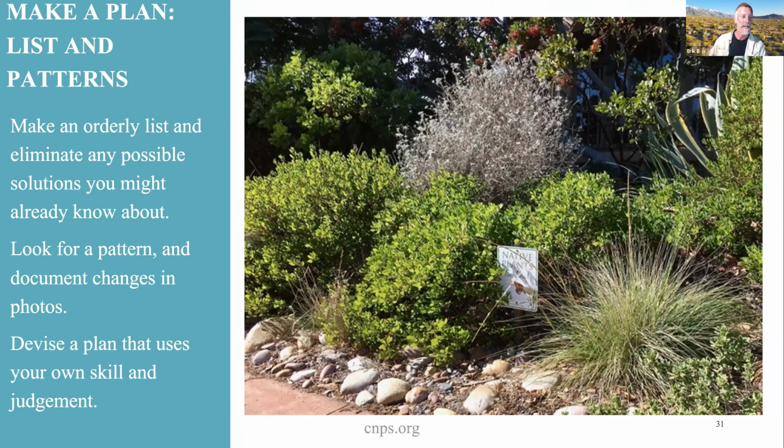Make a plan and list patterns. Make an orderly list, eliminate any possible solutions you might already know about, look for a pattern, document changes and photos. Devise a plan that uses your own skill and judgment.